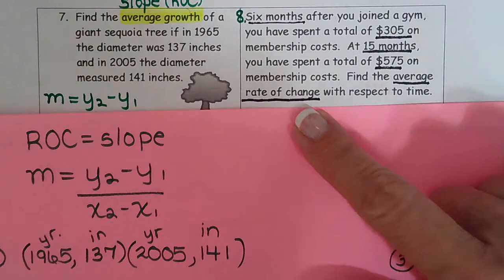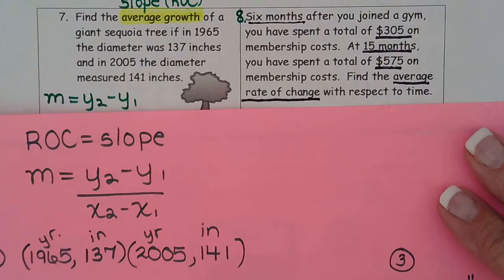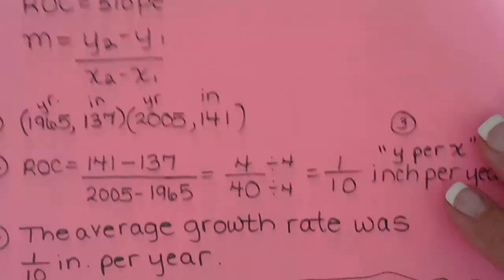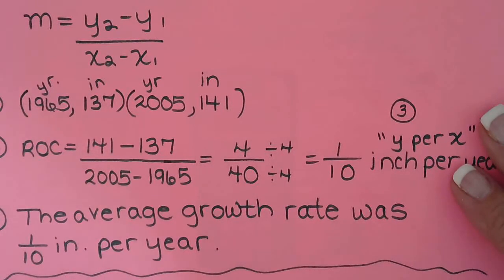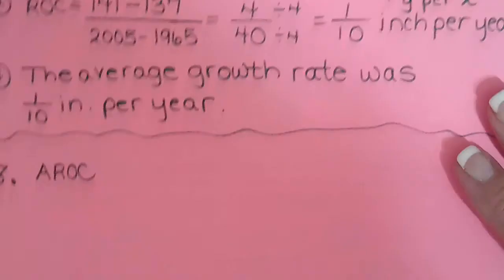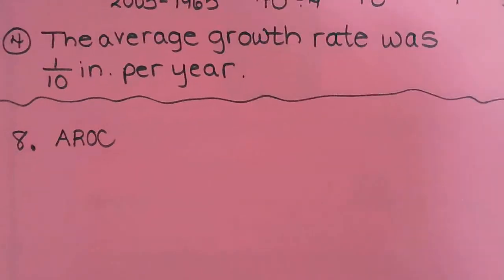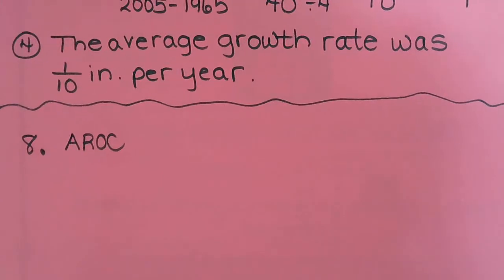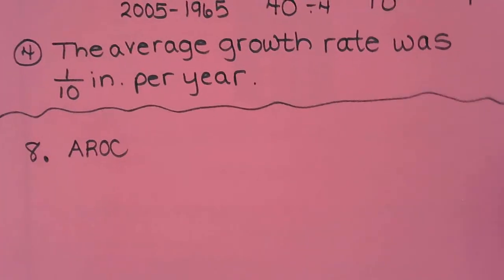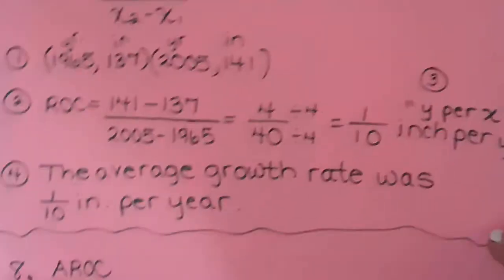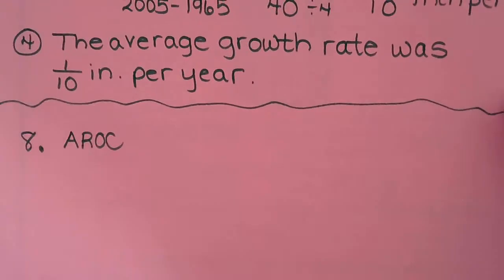So the minute I see that, an average rate of change, you can write it as AROC, or you can just call it rate of change, either way. Let's go ahead while we're here and write rate of change.